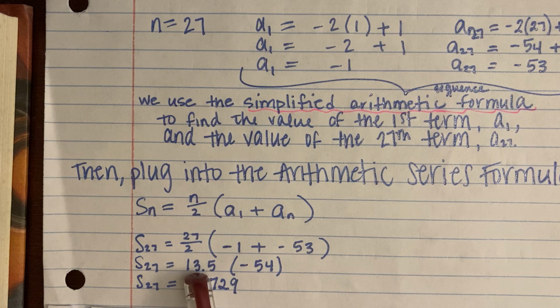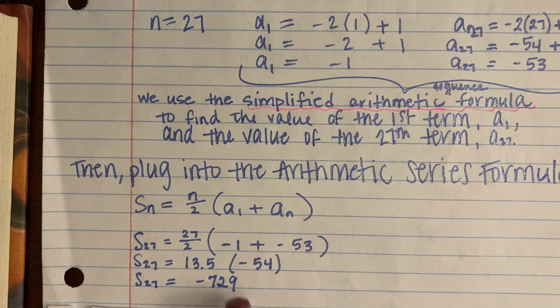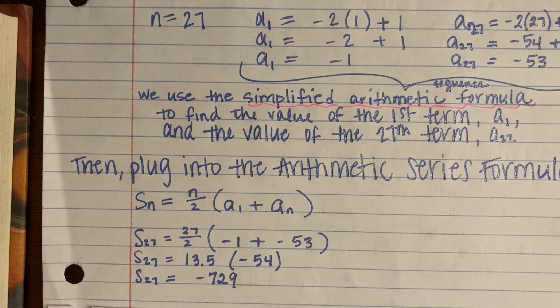When we divide 27 by 2, we get 13.5. Here we can add -1 and -53 to get -54. Multiply to get -729. So the sum of our series, if I was to add the 27 terms, we would end up with -729. That's it for 9.4 part 2.